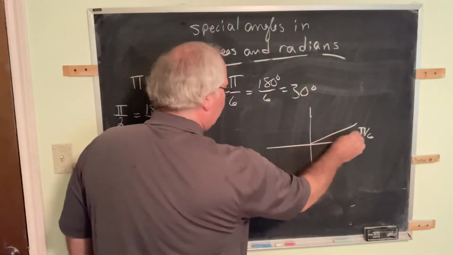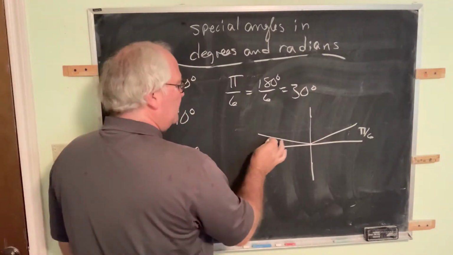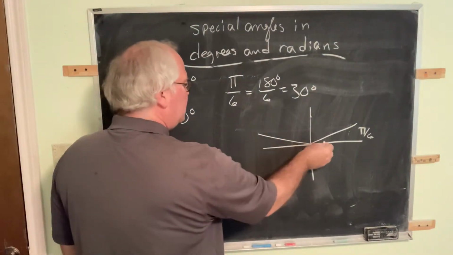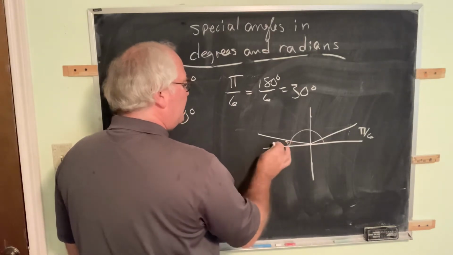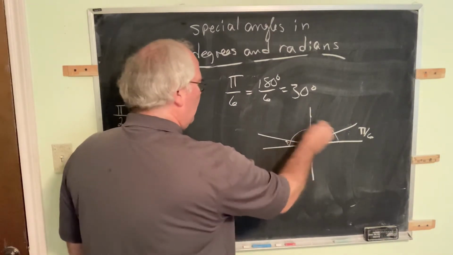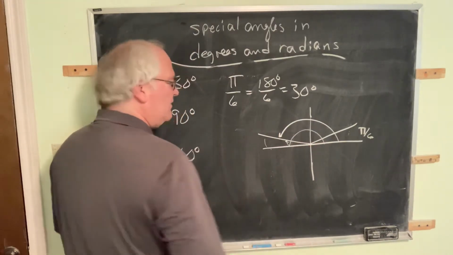So if this is pi over 6, then how much is this? Well, it's pi but you subtract off one of the pi over 6's because we want this angle, right? We want pi, but take away pi over 6.